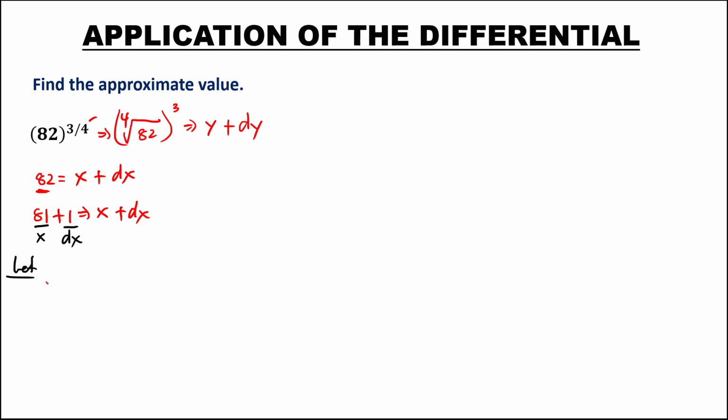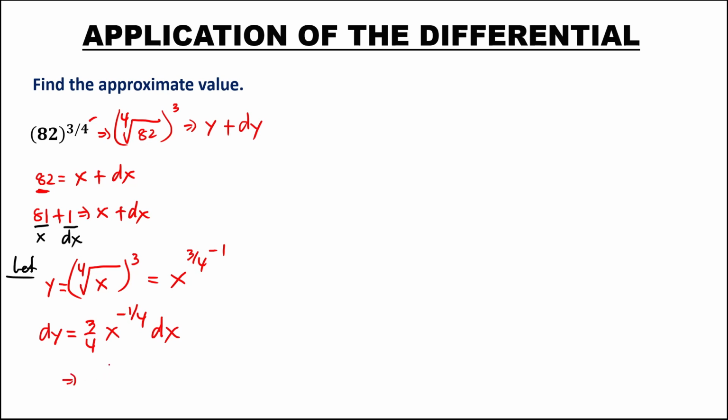Then we let y equal the fourth root of x, quantity to the power 3. Since this is equal to x to the power 3 over 4, dy equals 3 over 4 times x to the power negative 1 over 4, times the dx.